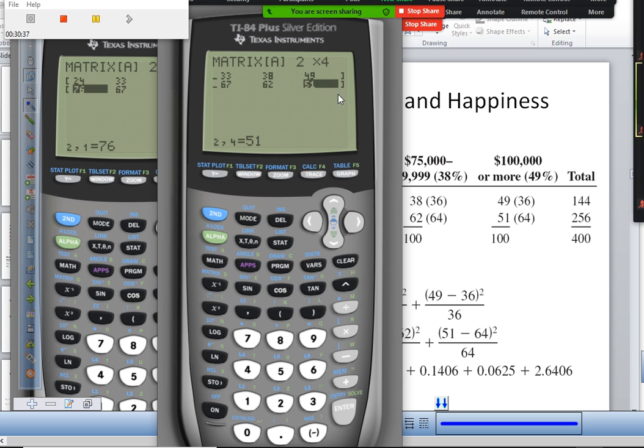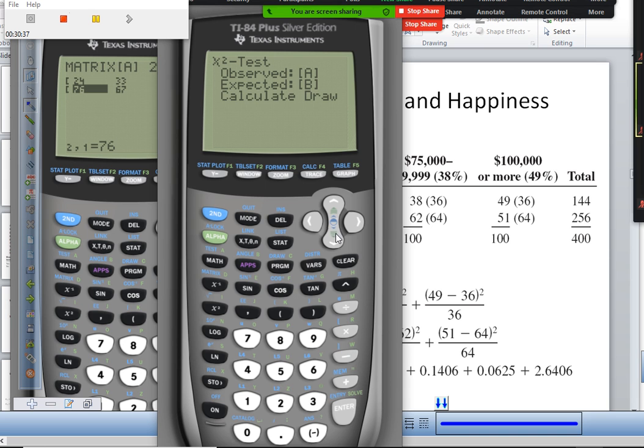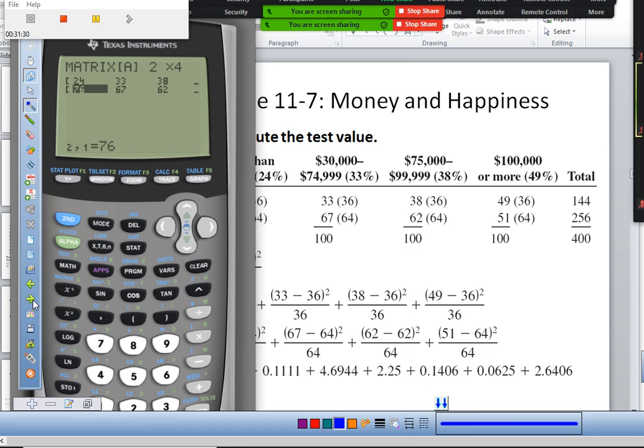All right, now I need to compute it, so I'm going to do stat test, and then you're going to arrow up to the chi-square test because it's on the bottom. So chi-square test, enter, and then you're going to do your observed A, your expected B, just leave it like that and hit calculate, and it'll give you all your stuff here. So let me show you what I'm talking about here.